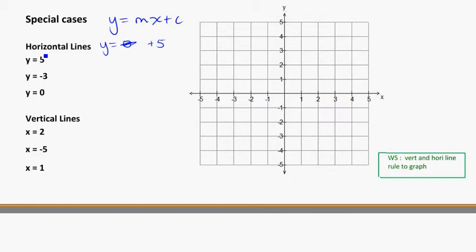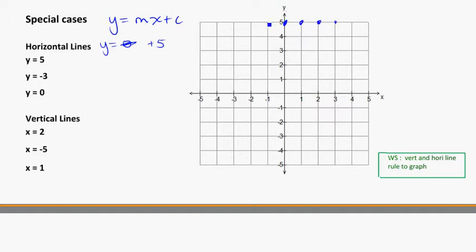So horizontal lines you'll always see written as y equals some number. So in this case, y is equal to 5. So a horizontal line at y equals 5. Literally that means that y is equal to 5 everywhere. I don't care what x is. I'm always going to have y equal to 5.